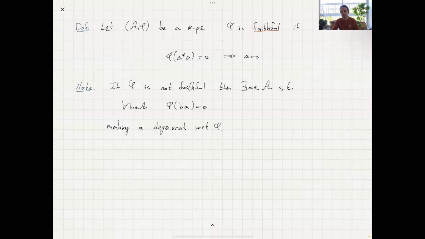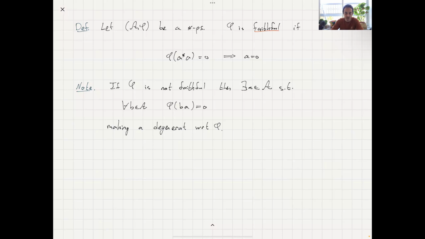Which is what you expect from an inner product. Because the inner product of A with itself is essentially the induced norm of A squared, and the norm should be zero only when the element is zero. Okay. So in all of our cases, I think phi is going to be faithful. So it's not harmful to assume that already from the get-go.